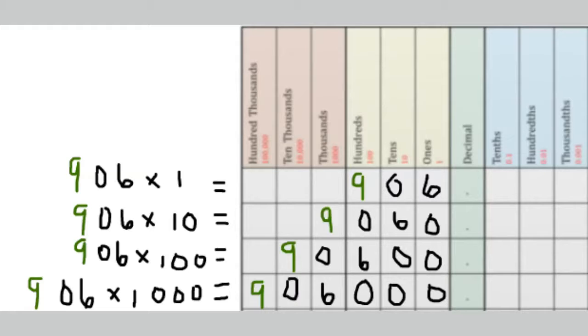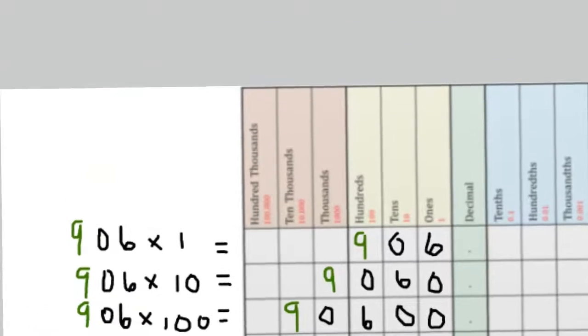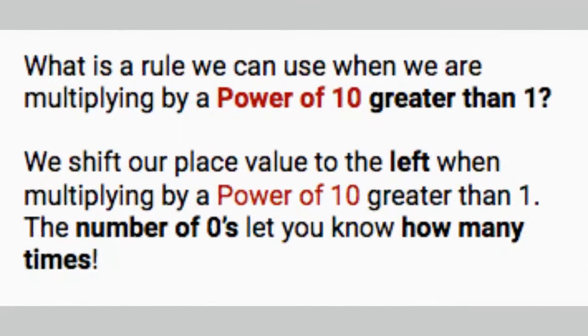In 100, there are 2 zeros, and we moved over 2 place values. And in 1,000, there are 3 zeros, and we moved over 3 place values. That's also going to be a part of our rule. Our rule for multiplying by a power of 10 greater than 1: we shift our place value to the left. The number of zeros lets you know how many times.